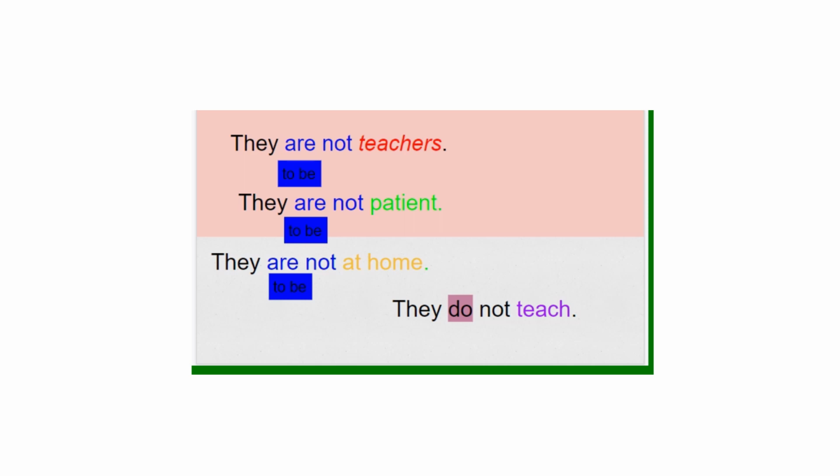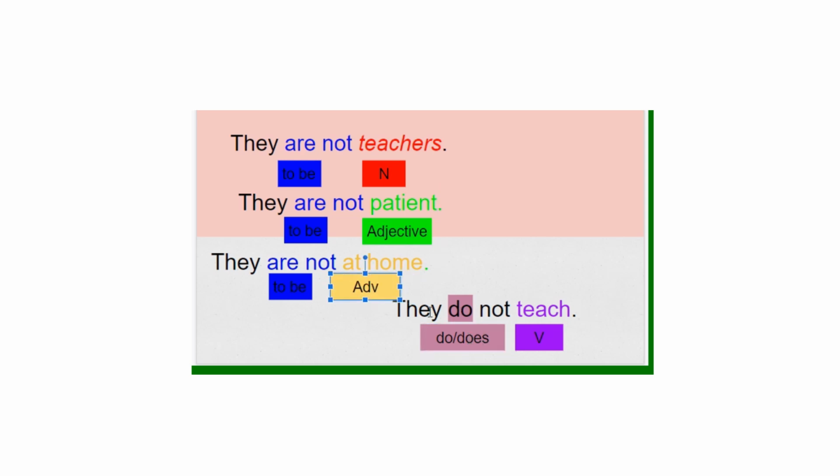Dan to be ini diikuti bisa noun, bisa adjective, bisa adverb. Tapi ketika tiba saatnya menggunakan kata kerja, kita harus memutuskan menggunakan do atau does. Karena subjeknya adalah they, maka kita menggunakan do. Okay, so what do you think? It's not too hard, right?